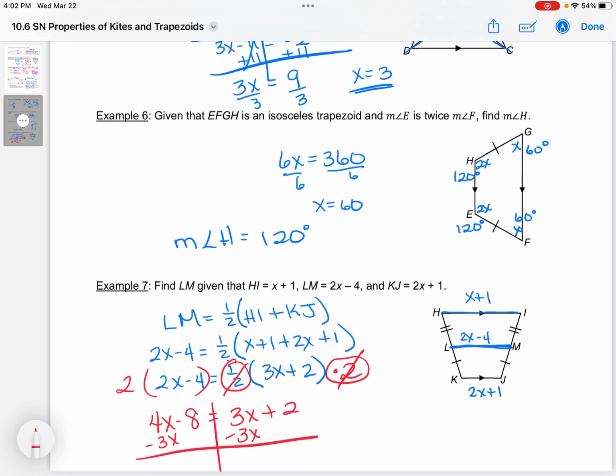Minus 3X. So I have X minus 8 equals 2. I'm going to add 8 to both sides. X equals 10.